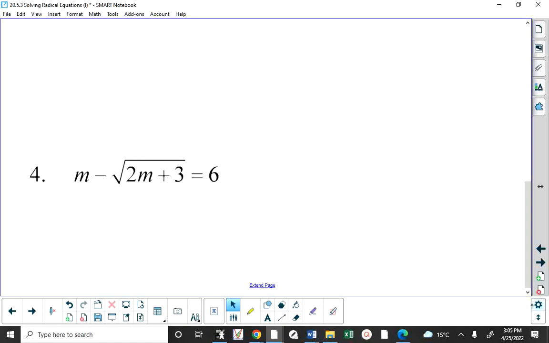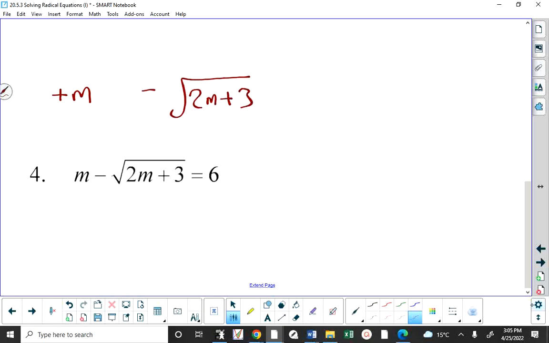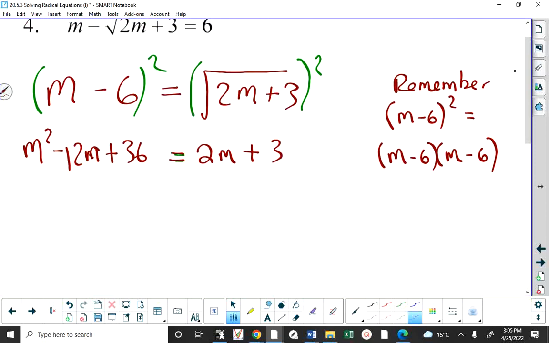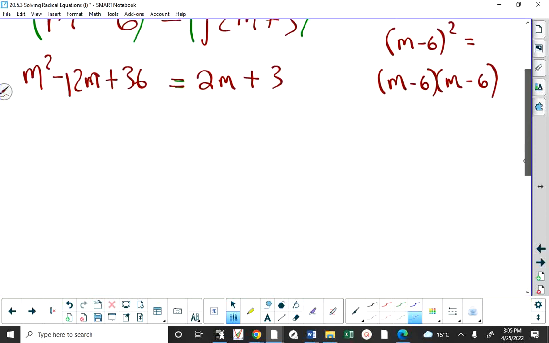So I want to rewrite this as positive m minus root 2m plus 3 equals positive 6. If you look at what I did, I have on the right-hand side the root. I think you see it now, but I'm going to finish my explanation.